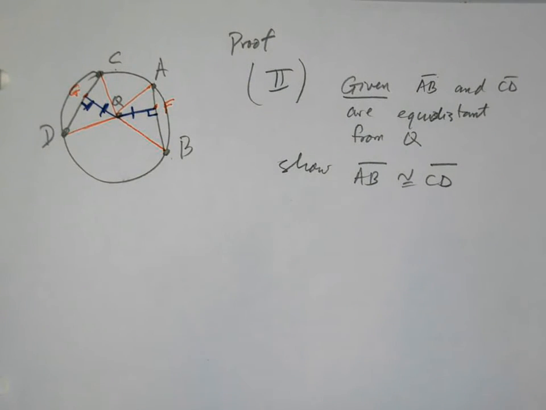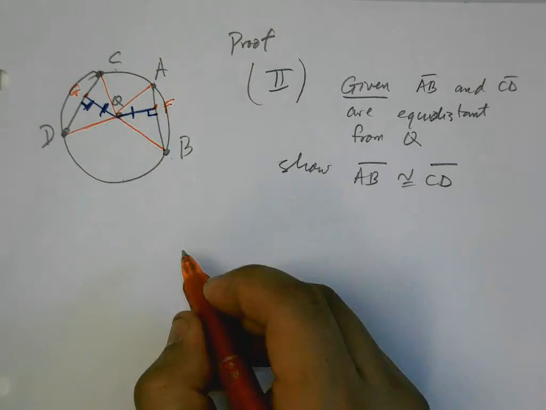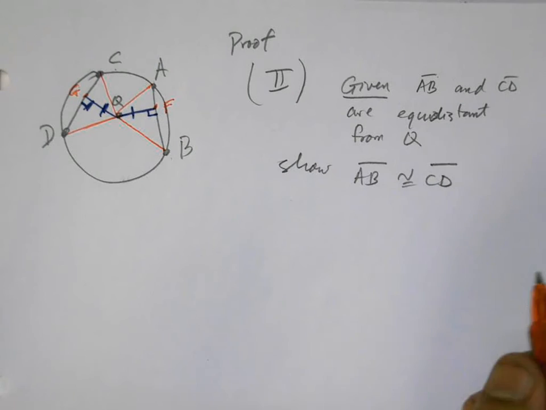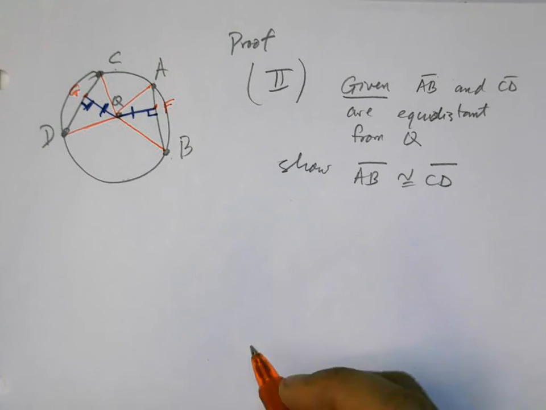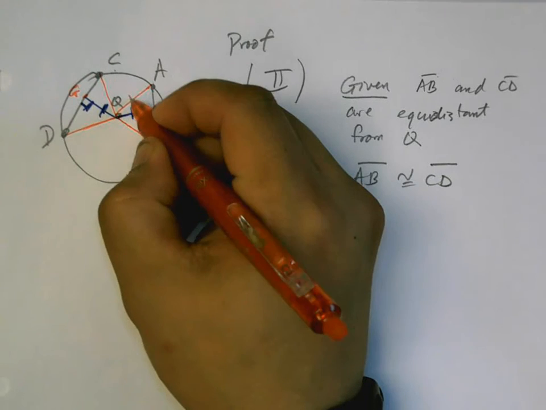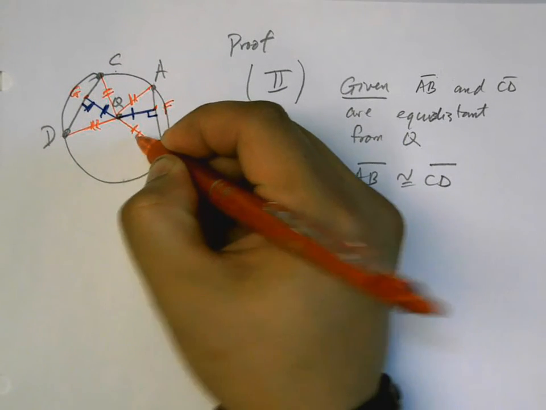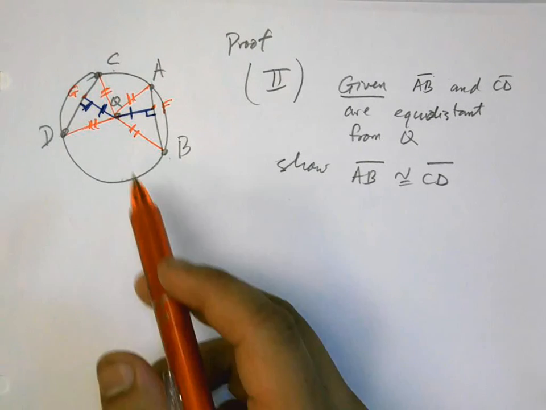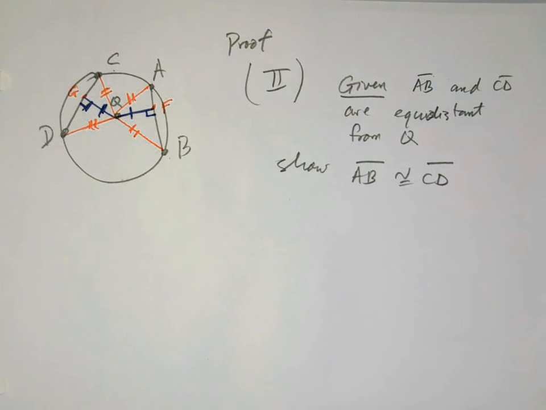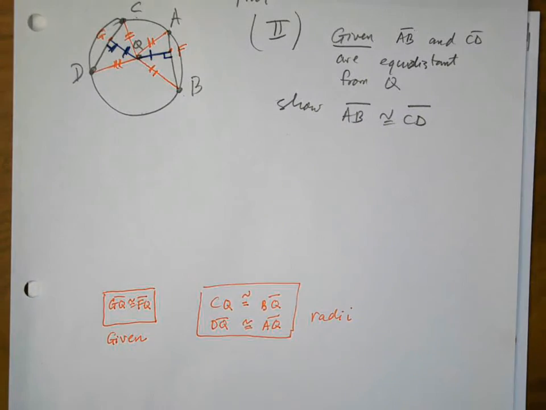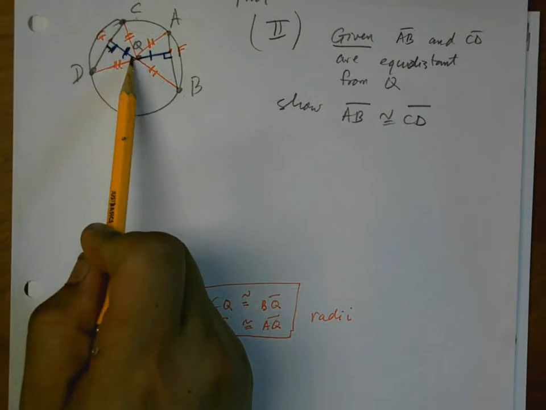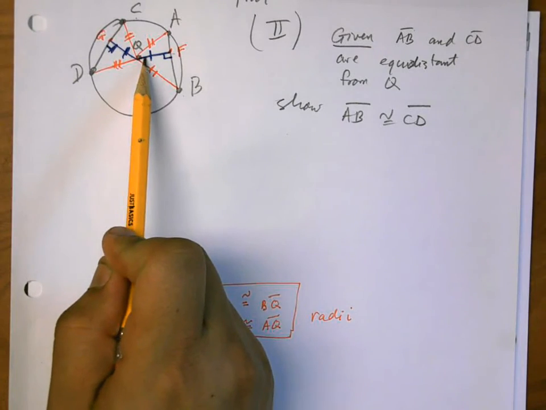And I'm going to do a flow proof just to mix it up a little bit and make sure you get the same ideas here. So I'm going to build it up from the bottom up. I'm going to say that these segments here are all the same, so those 4 segments, because they're radii. And at the same time, GQ and FQ are also the same.